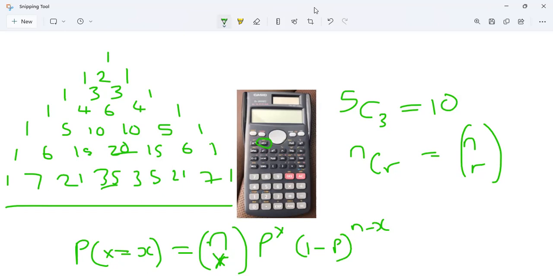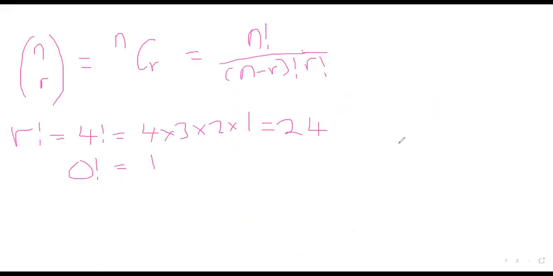Now this is the second easiest distribution that you could ever learn, because you're only given two things. For the binomial distribution, you need to know that you're using the combination formula.